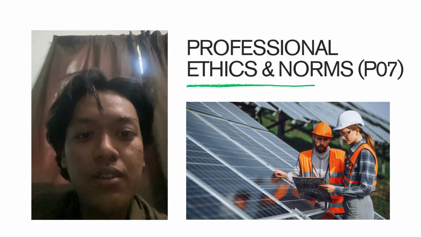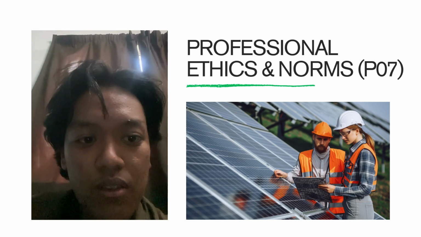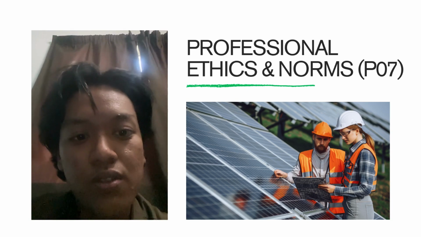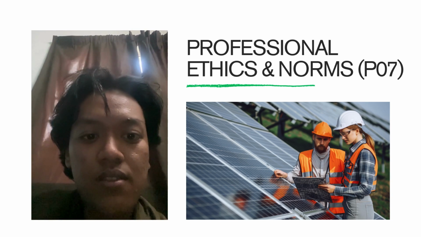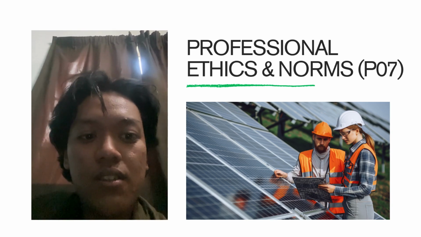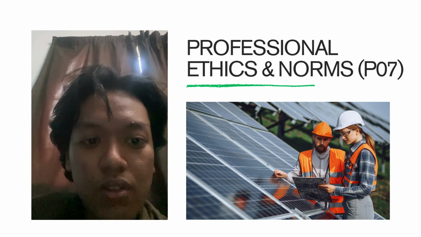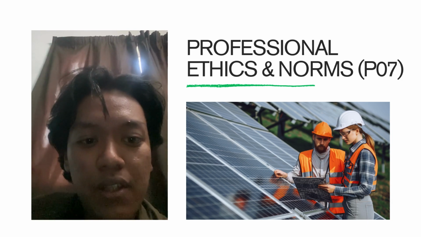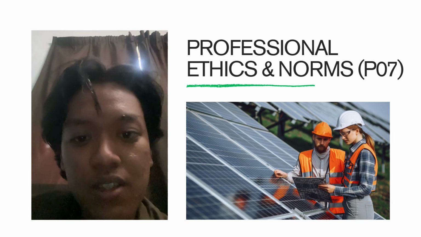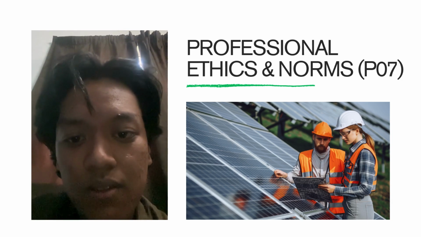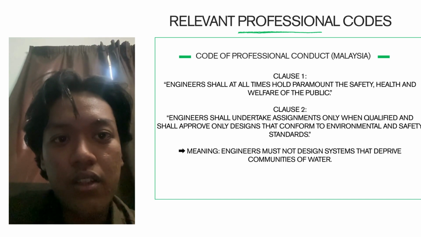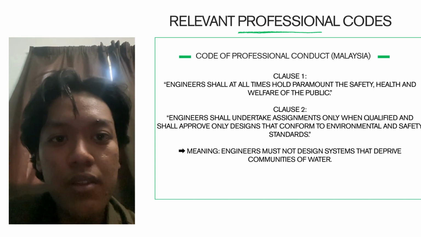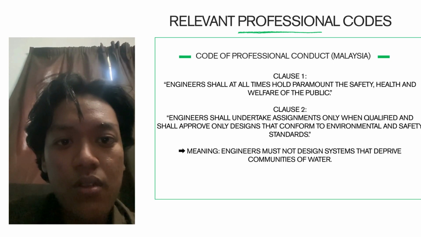So, for section 4.0, I'll explain the professional ethics and norms related to water usage in steam turbine system. As engineers, our responsibility isn't only technical. We also need to protect the public and the environment, especially in the water-scarce region. And the next slide is about relevant professional codes.